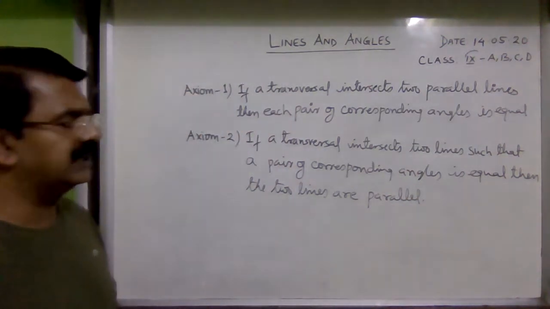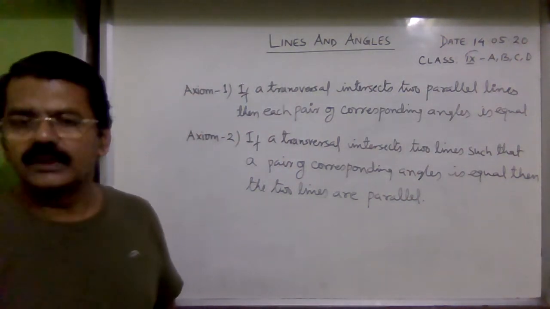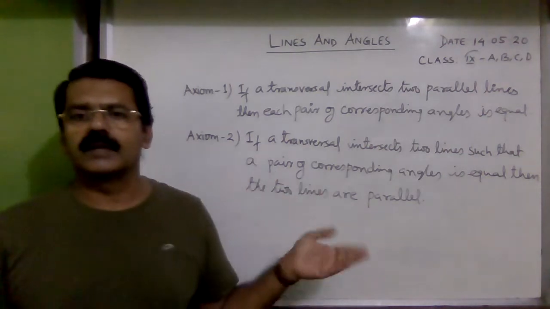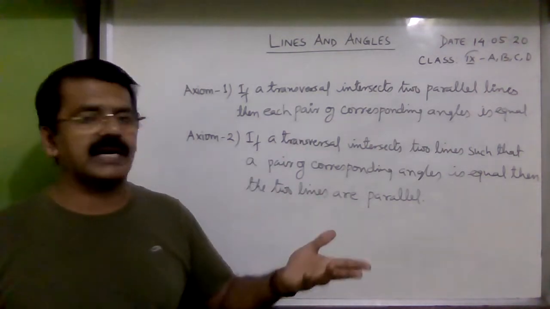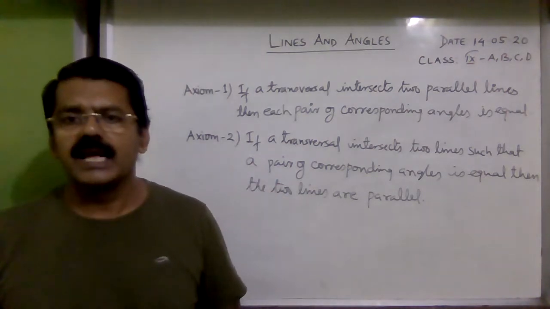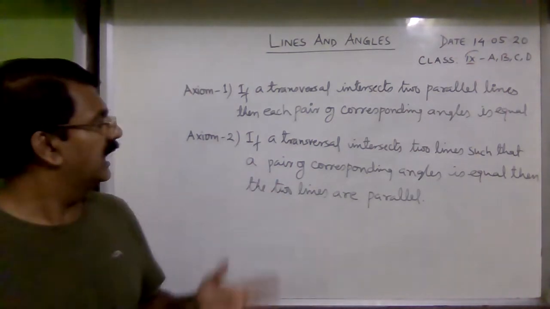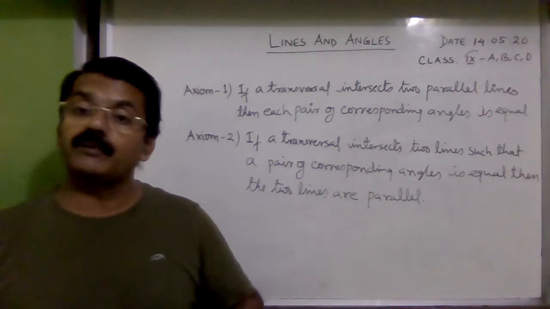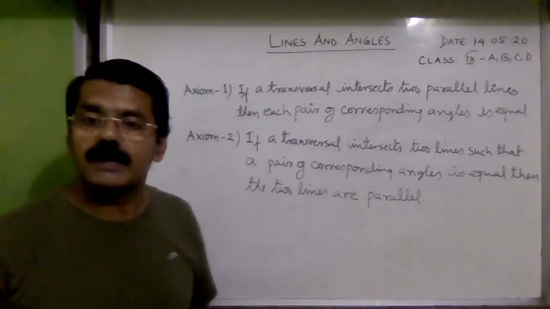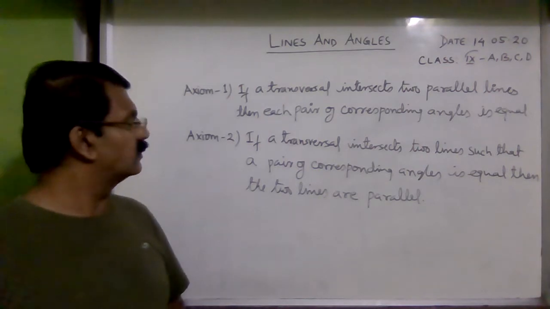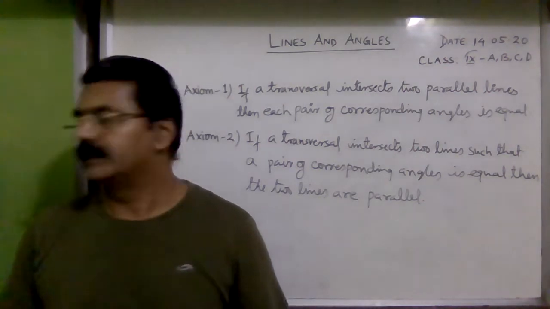Now if you see, this axiom 2 is actually the converse of axiom 1. In axiom 1 it is said that when a transversal cuts two parallel lines, then corresponding angles are equal. In axiom 2 they are saying if a transversal cuts two lines and the corresponding angles are equal, then the lines are parallel. So it is simply the converse of axiom 1.